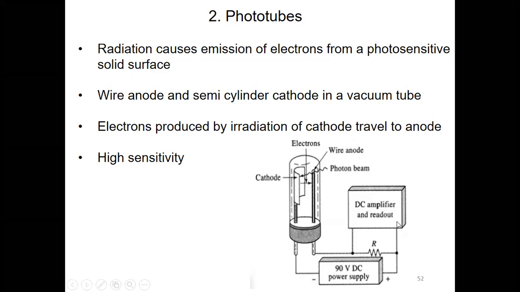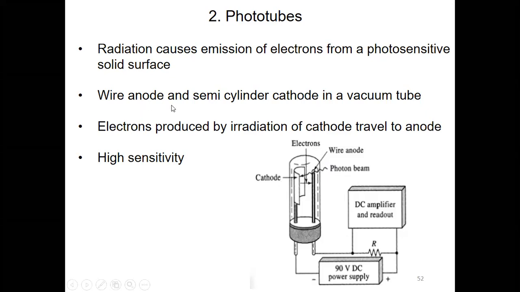Then we can detect the current from the readout device. Right? So let's go to the first point. Radiation causes emission of electrons from a photosensitive solid surface. Which means when the photon or the radiation comes, the cathode is a photosensitive solid surface, and then electrons eject from the cathode.